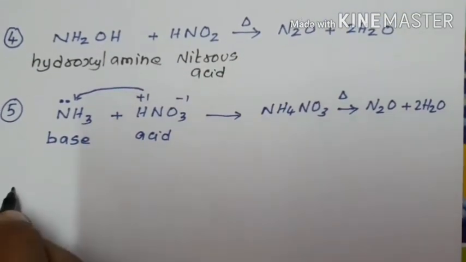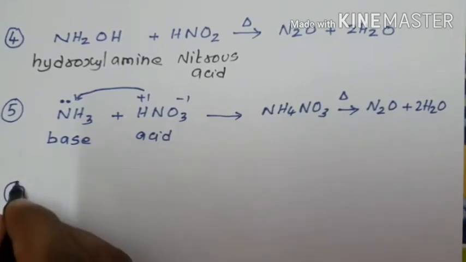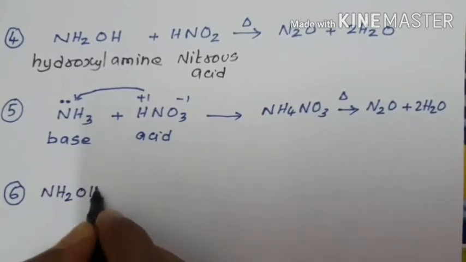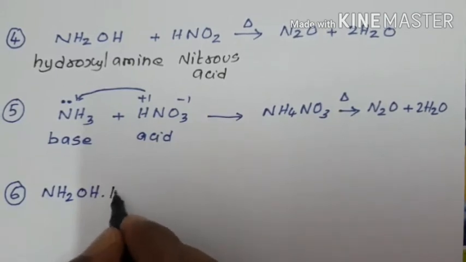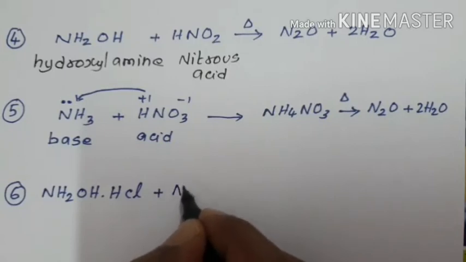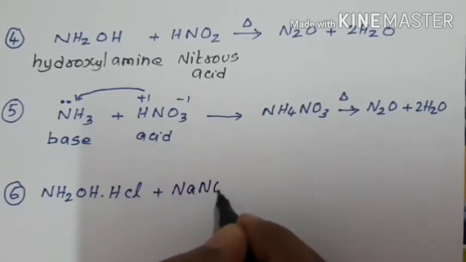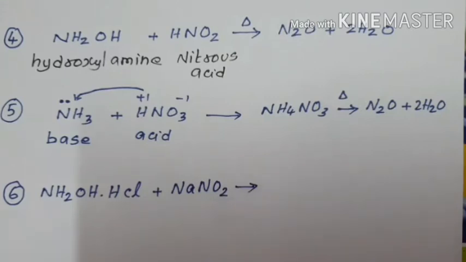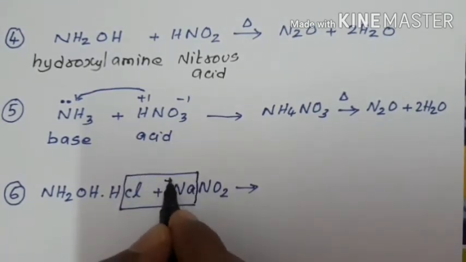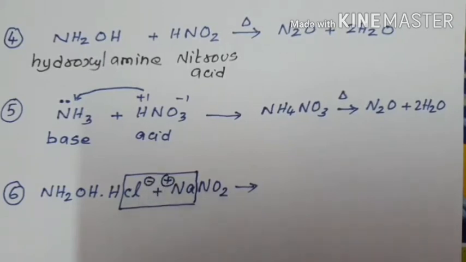Then come to the sixth method of preparation of nitrous oxide. NH2OH, HCl, when treated with sodium nitrite, NaNO2. Na plus Cl minus is removed as NaCl.